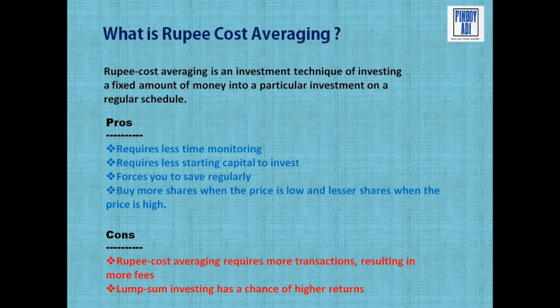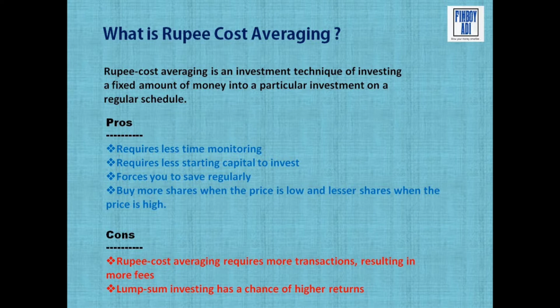And second, lump sum will generally give you a higher return compared to SIP, because in lump sum you make your investment and give more time to the market. But in SIP, as I mentioned, you don't need any time for monitoring, and in the long term it will give you good return. I'll show you in data how you get more return in lump sum.